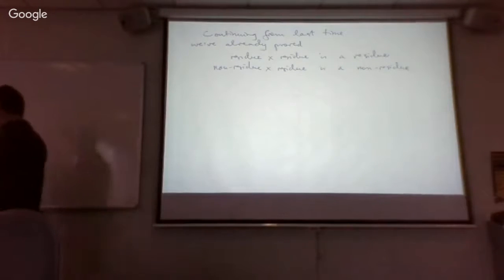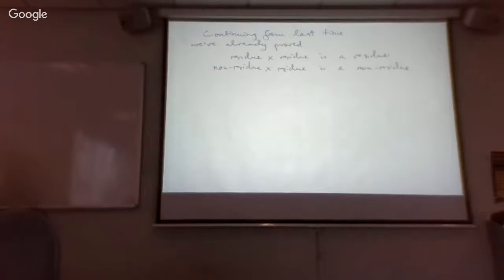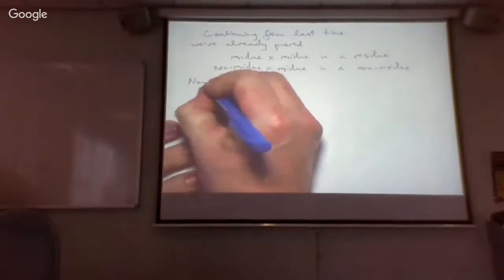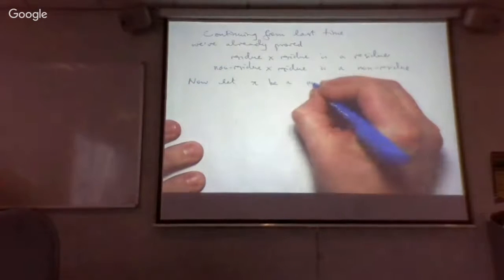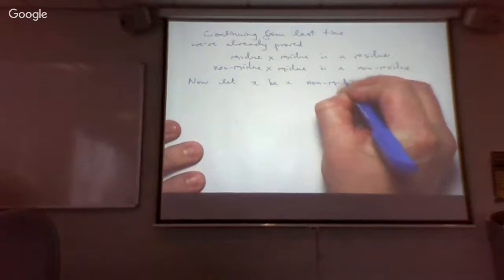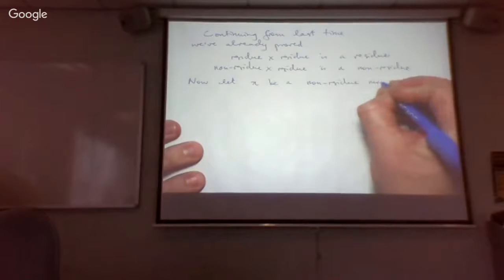Non-residue times residue is a non-residue. So now we let x be a non-residue modulo p.